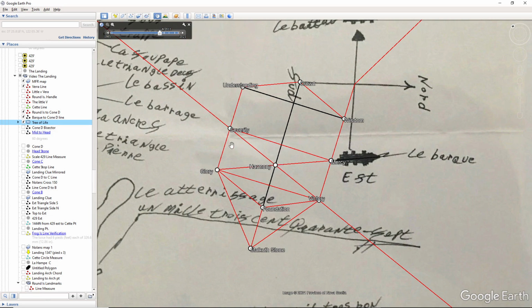It is the center of the tree of life. So this line goes through the severity stone and the victory stone, and this harmony would be cone D. So this is cone D. And the bark, it goes through the mercy and the glory stone. So very interesting how these alignments are happening.